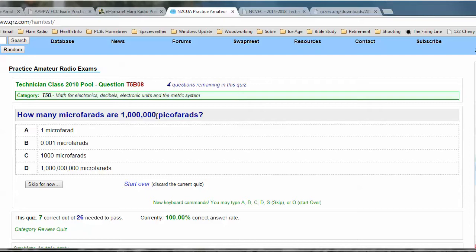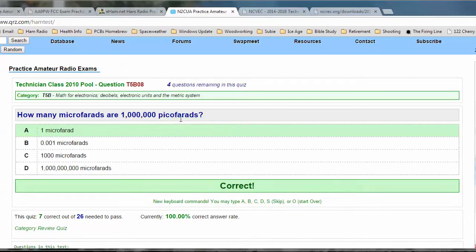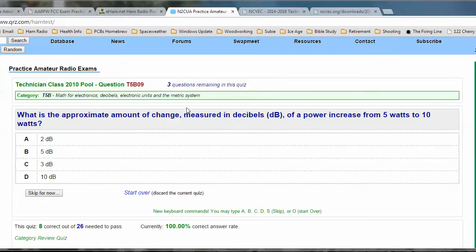I got that backwards. It says how many microfarads are that many picofarads. So you're going 12 decimal places to the, or excuse me, 6 decimal places to the left. So it's 1, 2, 3, 4, 5, 6, which makes that 1 microfarad. Confused myself there for a minute. That's the fun of doing these on the fly, right?